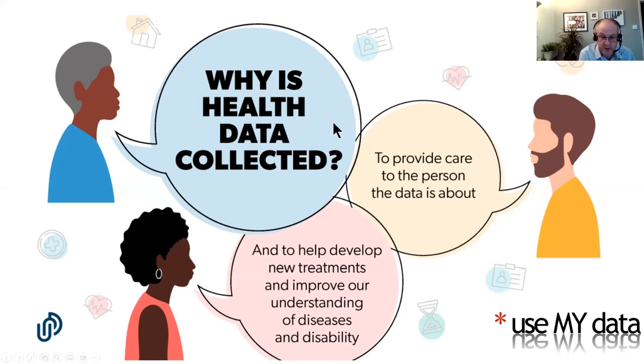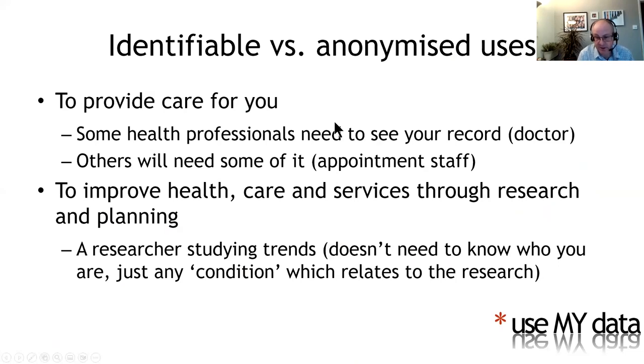And when you look at the way data gets used, that splits into two largely as well. To provide care for you, you'd expect that the health professional would be able to see your record, all the details about you, including your identification information, because they need to know who you are. Your doctor needs to know who you are, for instance, when he's at the bedside. The nurse needs to know. Similarly, other people outside of the direct clinical care team also need to know.